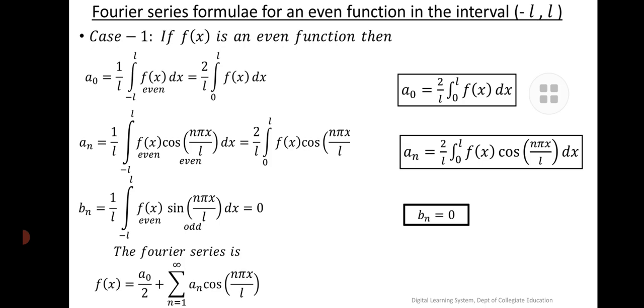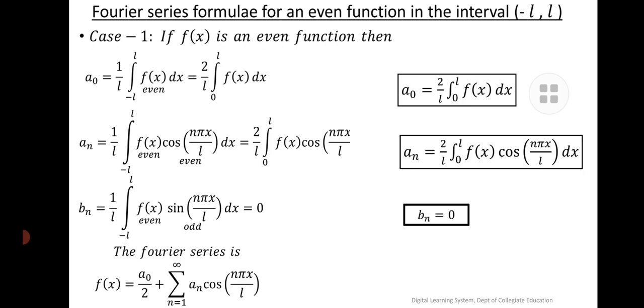Using the property of odd and even functions, the b n value is 0. So the Fourier series of the even function f of x can be written as f of x equal to a naught divided by 2 plus summation n equal to 1 to infinity a n cos n pi x divided by L.